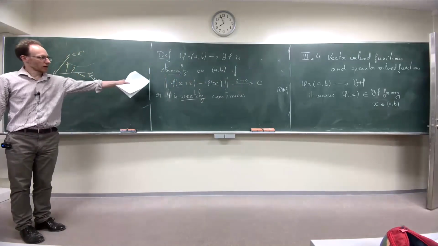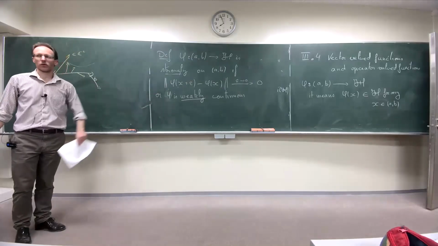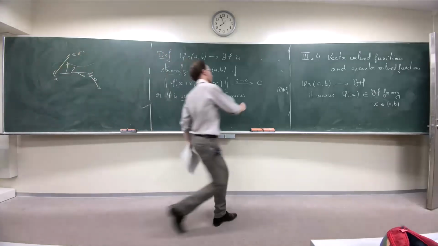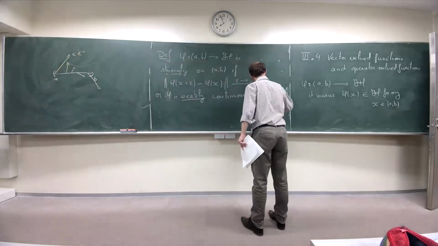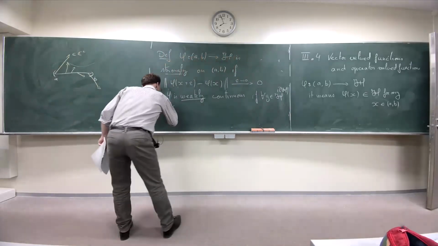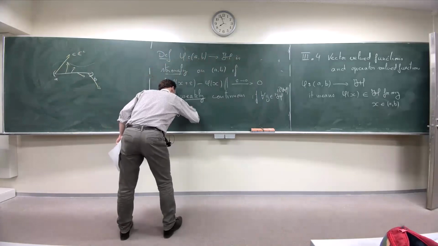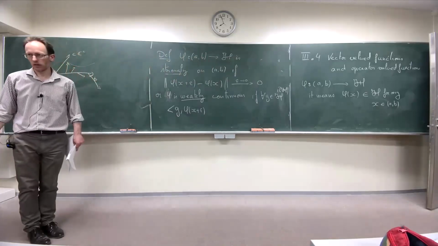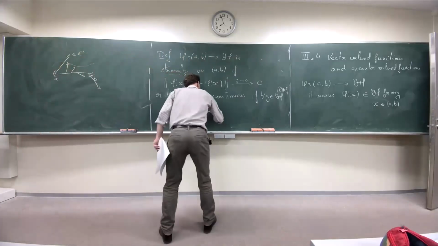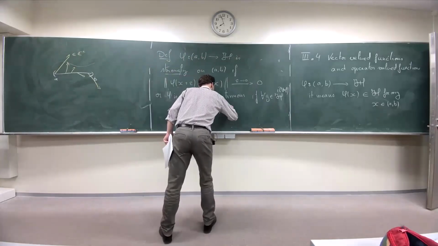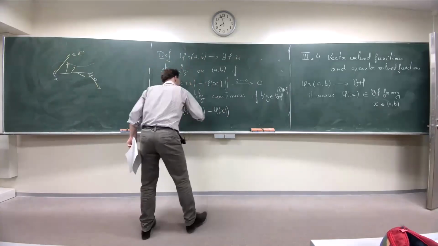Instead of this strong notion of convergence, we use the scalar product: for any G in H, the scalar product of G with phi of X plus epsilon minus phi of X. This is just a number.